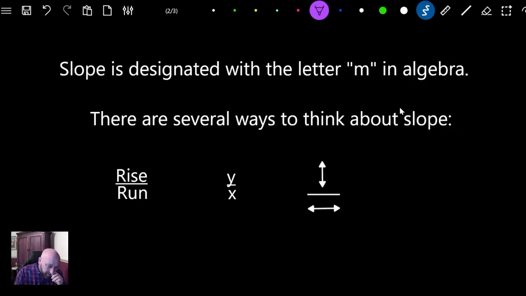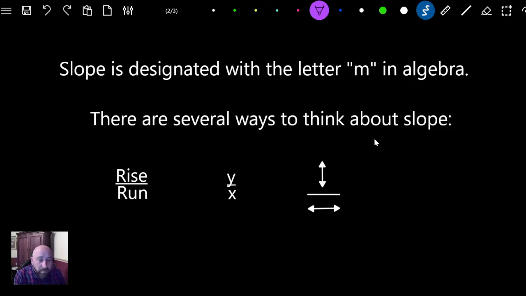So there's a couple different ways to think about slope algebraically, mathematically. The first one is to think about slope as rise over run. Okay, so this one right here, rise over run. What does that mean? Well, the rise is going up and down, right? And run is when you run left and right. So up and down, left and right. And that kind of goes over to this one over here.